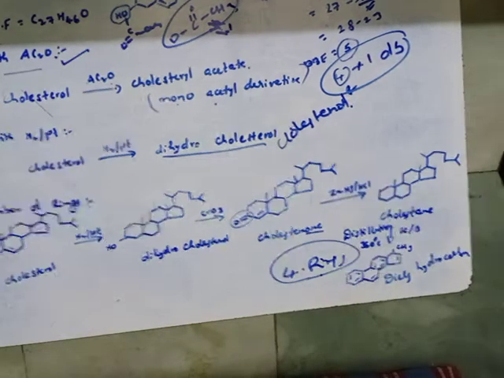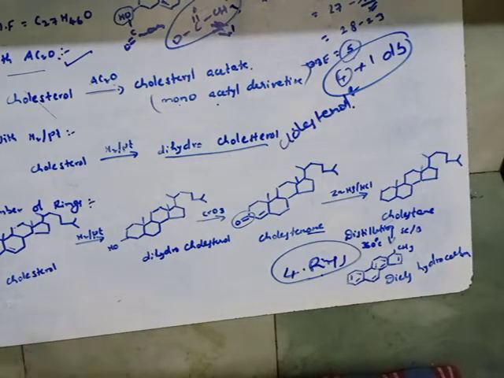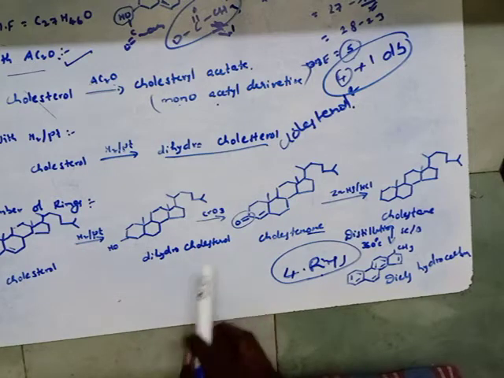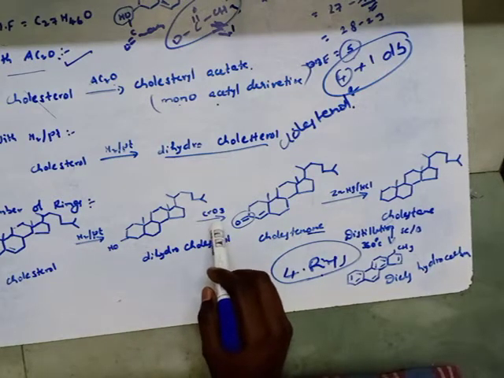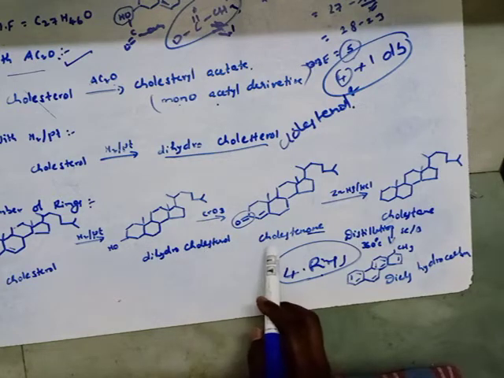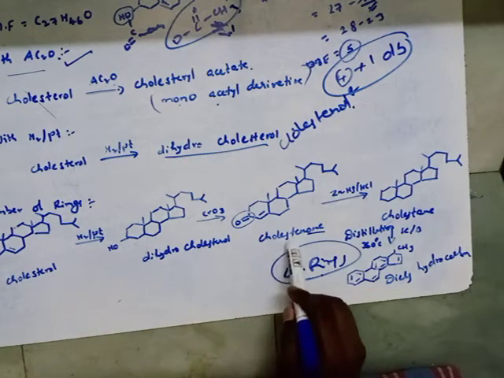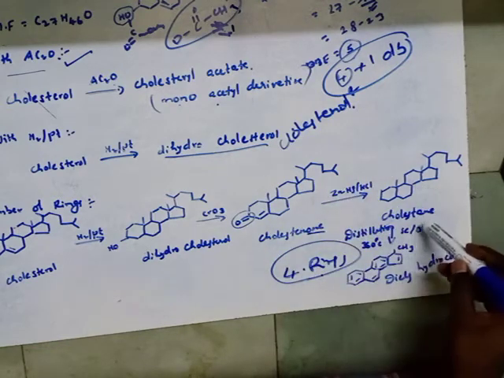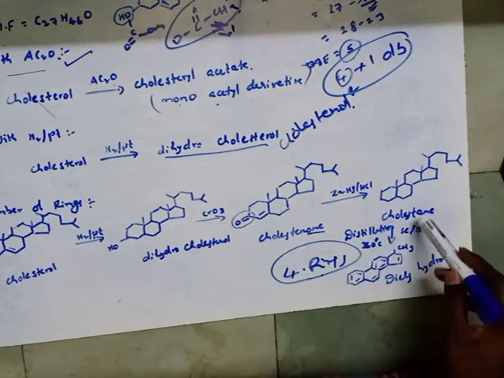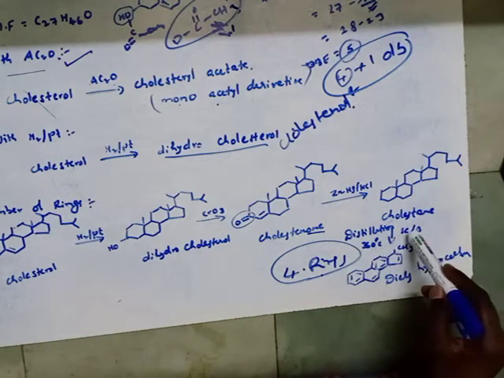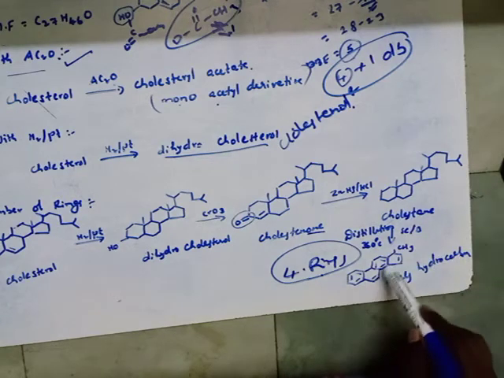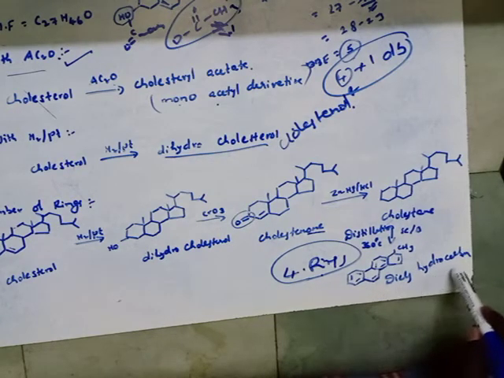Once again, this is cholesterol. Cholesterol undergoes catalytic hydrogenation to form dihydrocholesterol, which undergoes oxidation with chromium trioxide to form cholestanone. This undergoes Clemmensen reduction, and on distillation with selenium, dehydrogenation takes place to form the aromatic-like compound, Diels hydrocarbon.